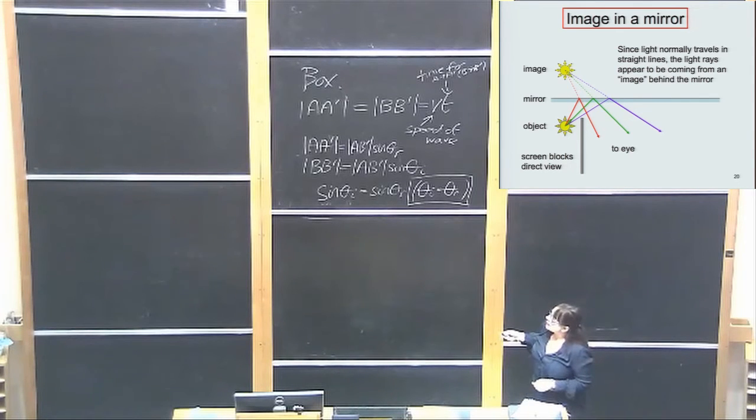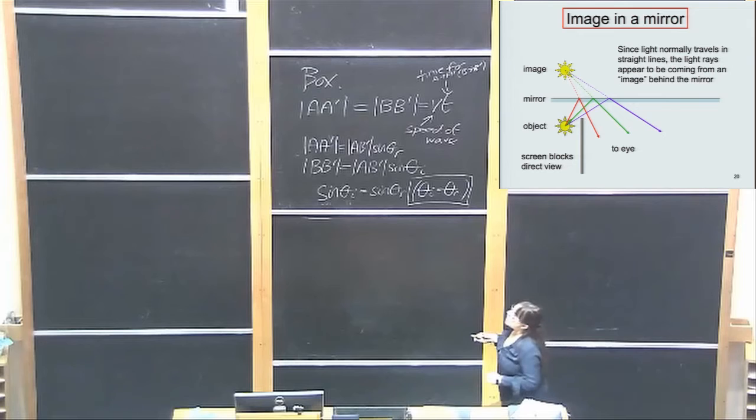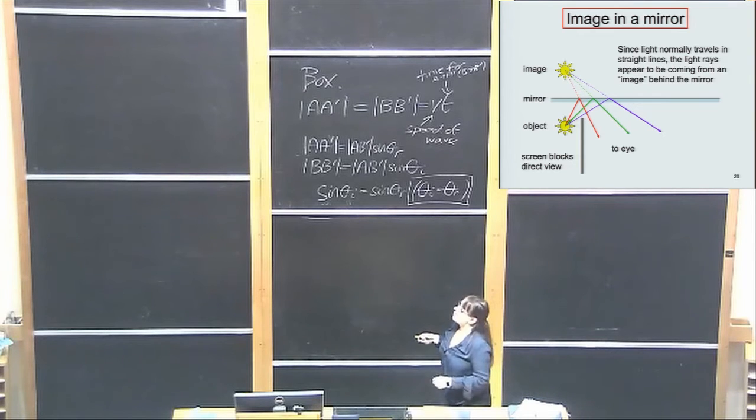Here's our eye, and just to make things simpler, I've just put a screen just to block my direct view to the object so that all I concentrate on is the image itself. So what your eye sees are these diverging, or apparently diverging light rays, and your brain tracks them back. So that's what's represented with these dashed lines or dotted lines. And it appears to your brain eye system that these light rays have come from a point here.